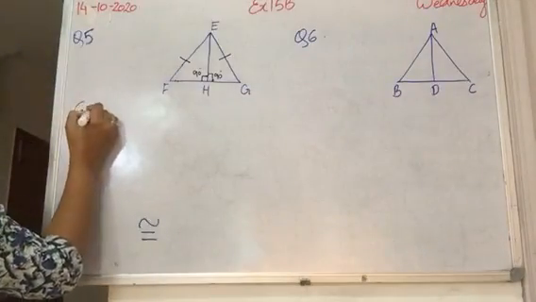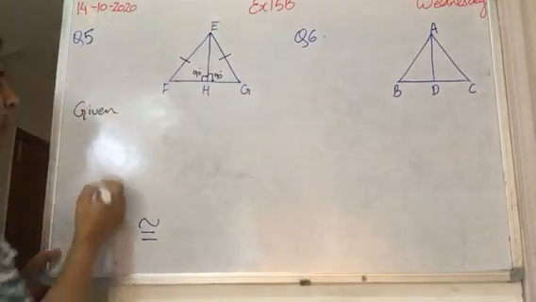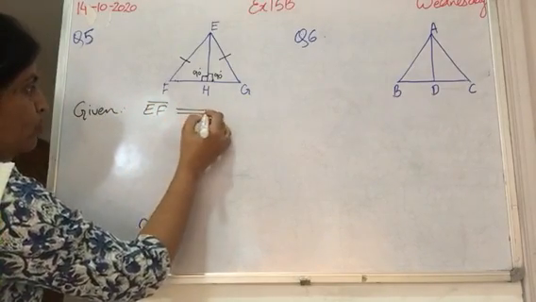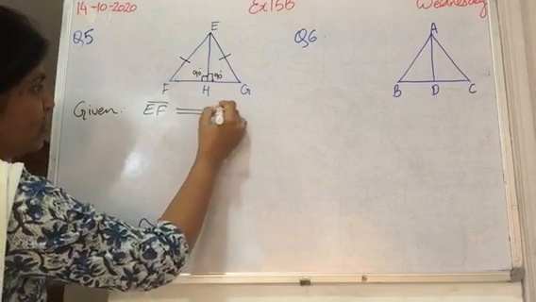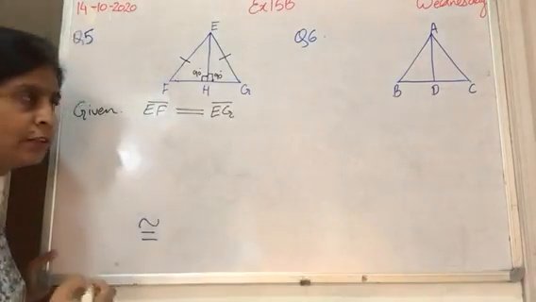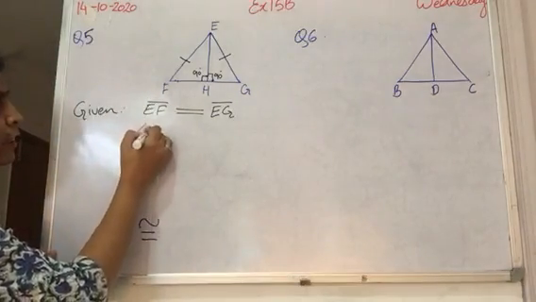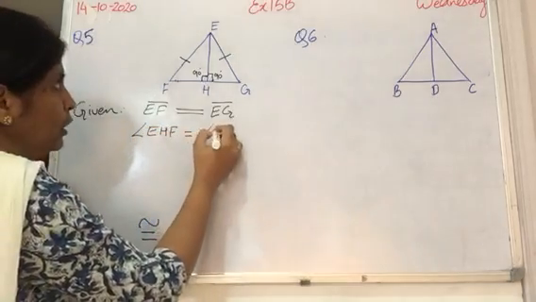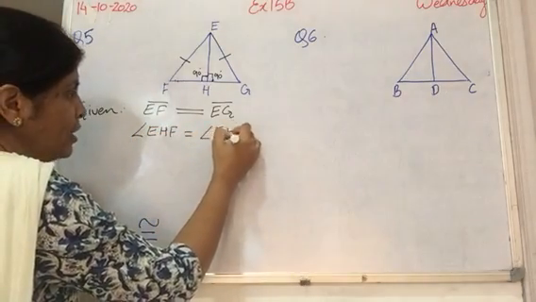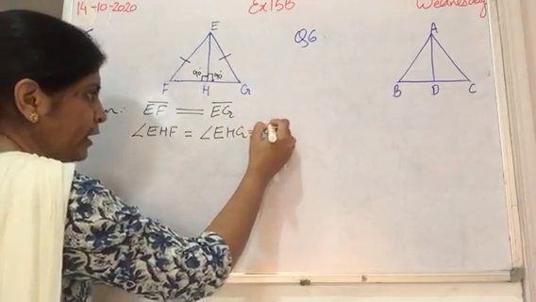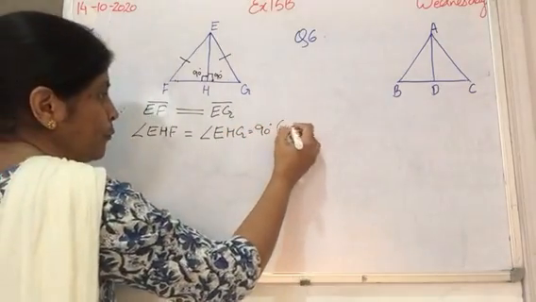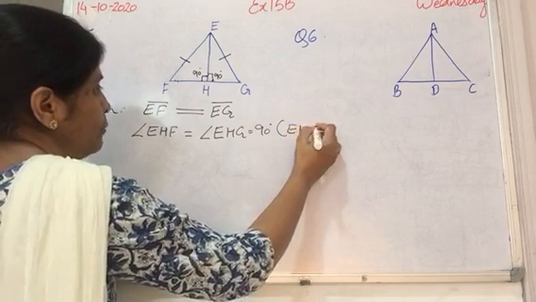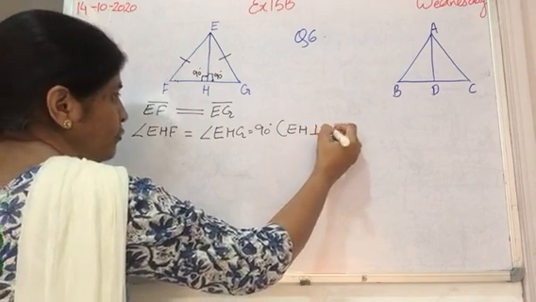First we will write given. What is given in this? EF is equal to EG. Second, angle EHF equal to angle EHG equal to 90 degrees, and the reason is EH perpendicular to FG.